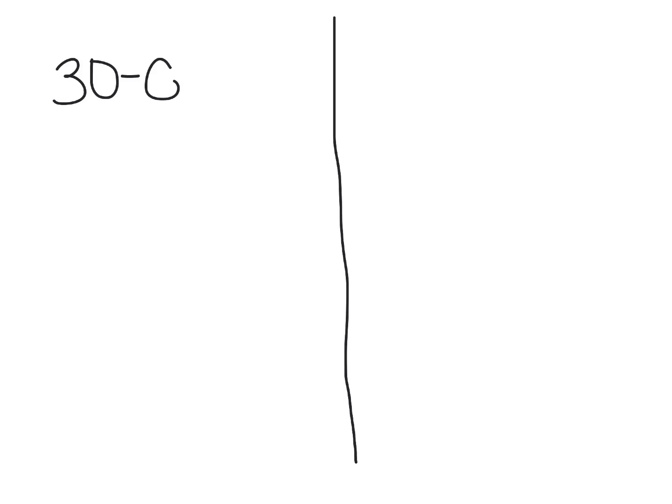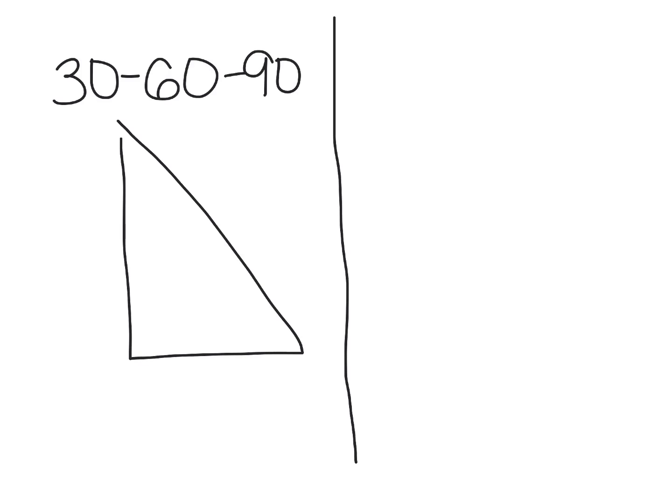What I'm going to do is go over the 2 common special right triangles that we are working with. So we have what's called a 30, 60, 90 right triangle. Those numbers are giving me the size values of the angles that I have. So I have a 30 degree, 60 degree, and then a 90.